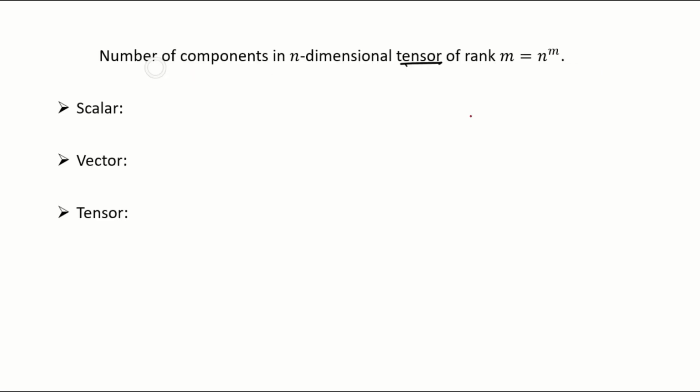Now how can we calculate the number of components? If you have n-dimensional space and a tensor of rank m, how many components will it have? The number of components will be n to the power m. What is n? n is the dimension, so dimension to the power rank.